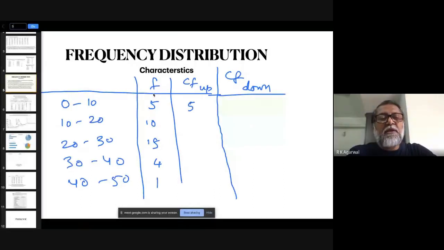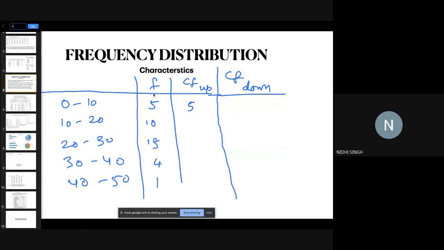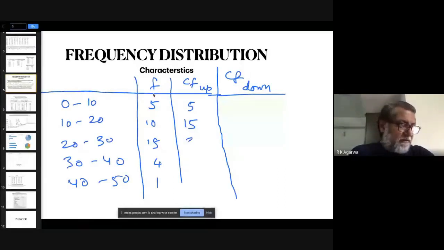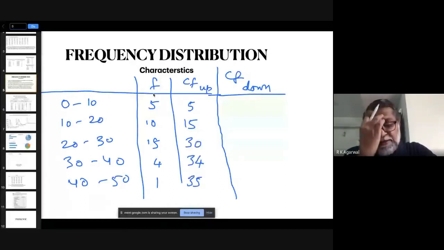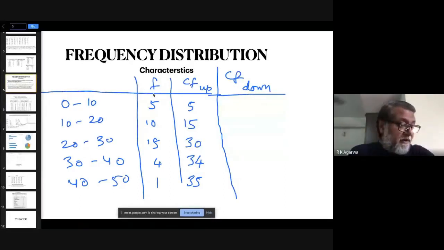Then we add 10, this is 15. Then 30. Then 34. And then 35. Now, how do we interpret cumulative frequency up?